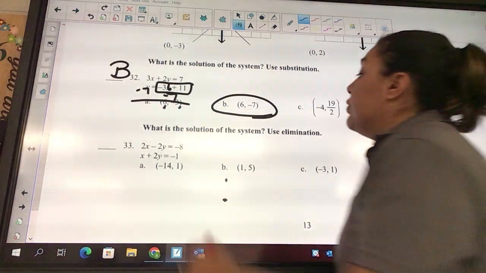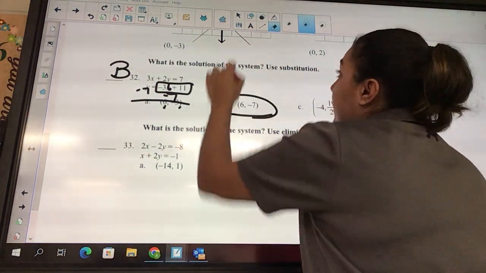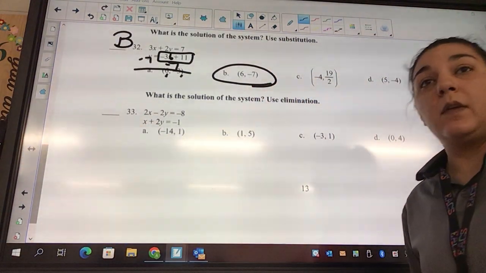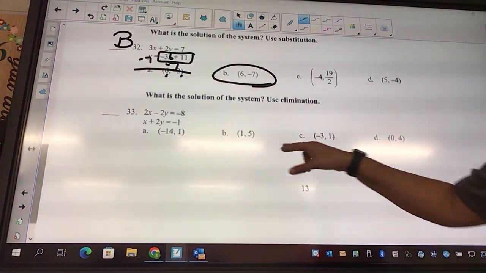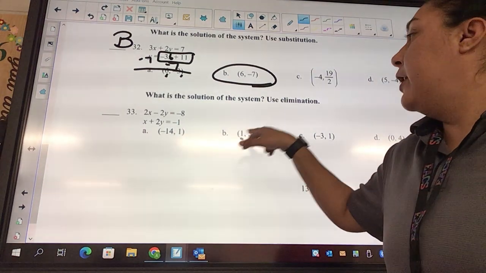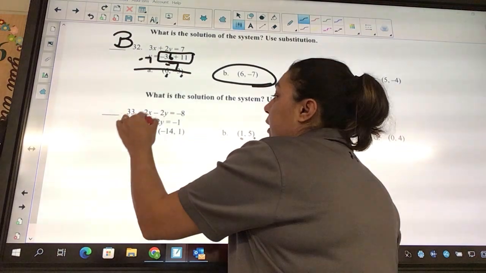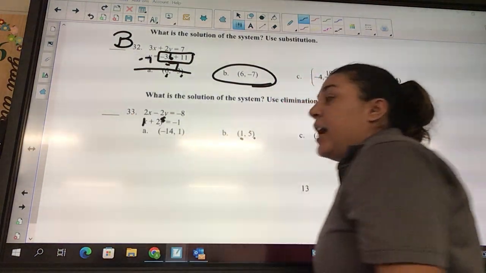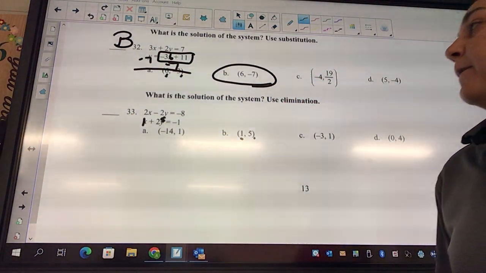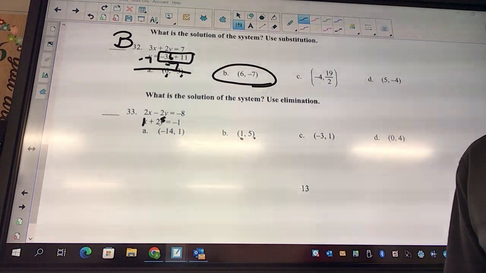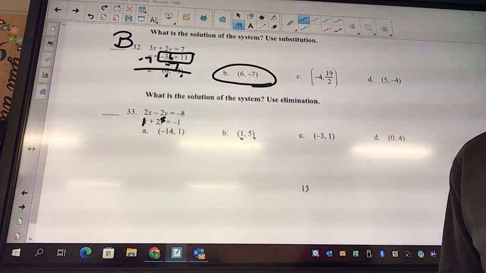These ones you can do the exact same way. You pick an equation, which one do you want to use? You can do it that same way. You're going to type in x is 1, y is 5. So 2 times 5 is 10 plus 1 is what? 11.